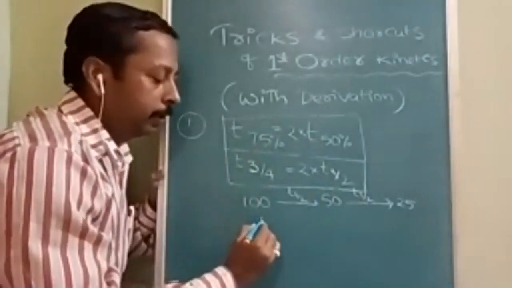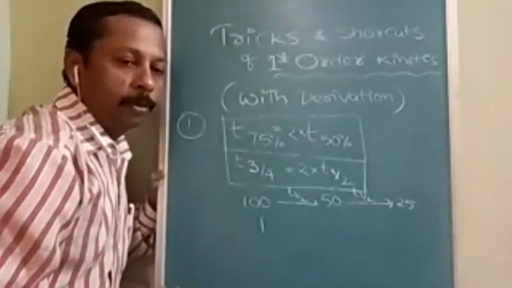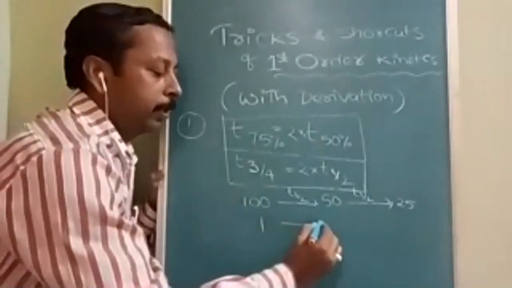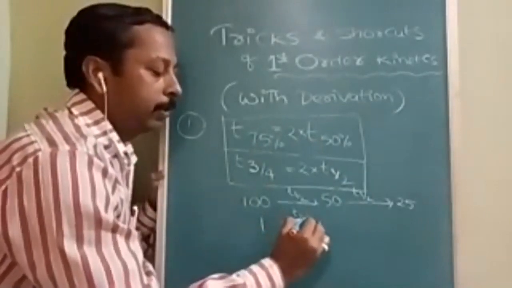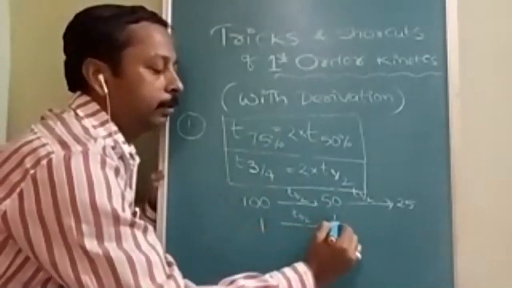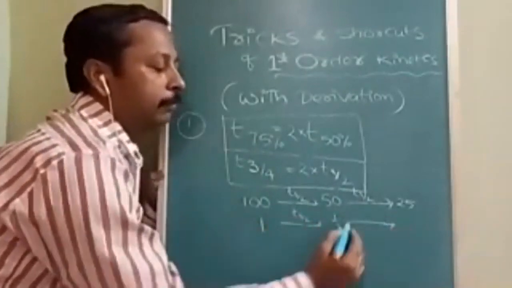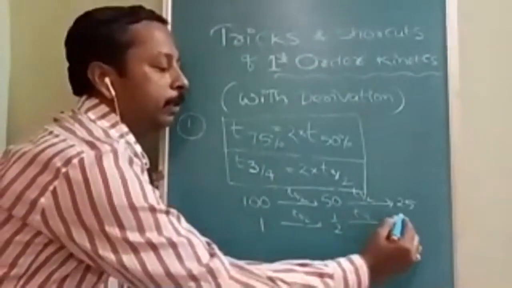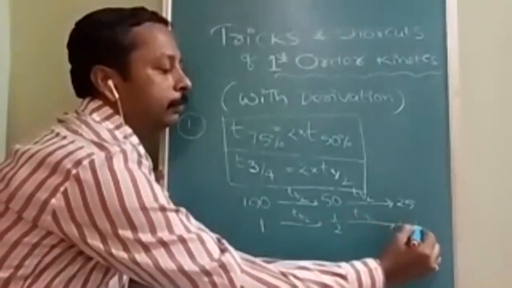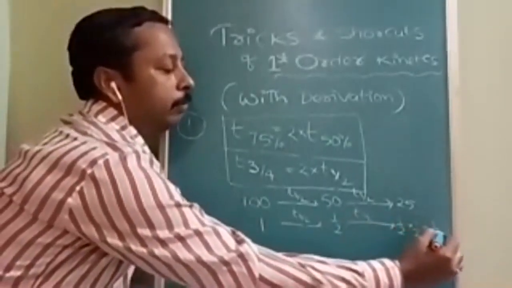Now otherwise, you can take it in the other form also. If I take 1, in the first half life, how much will it become? Half of it. In the second half life, how much will it become? Half of the half, that is equal to 1 by 4th.